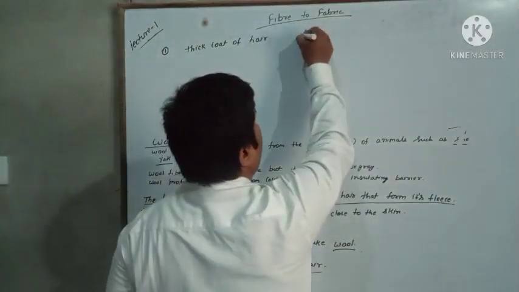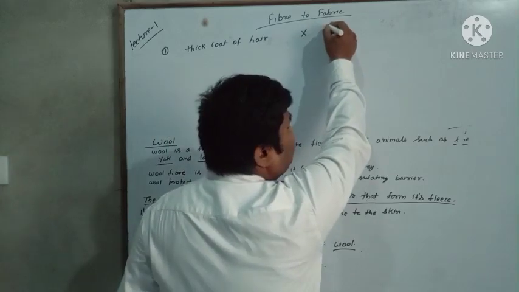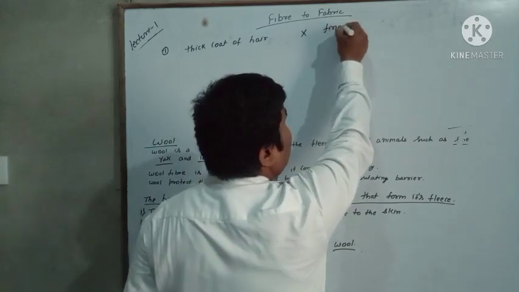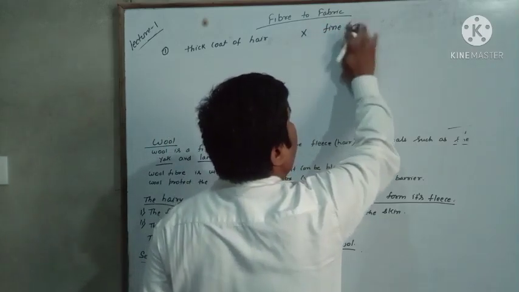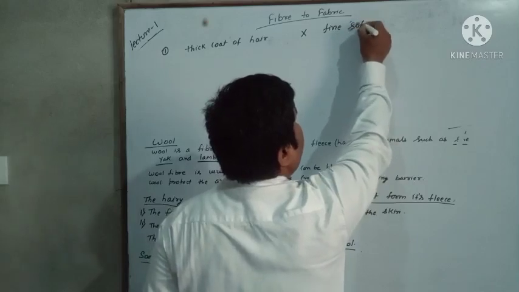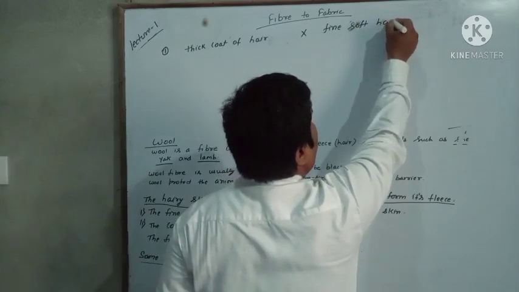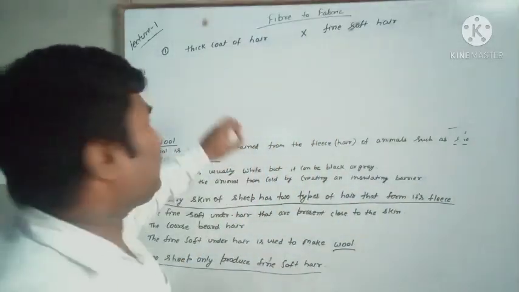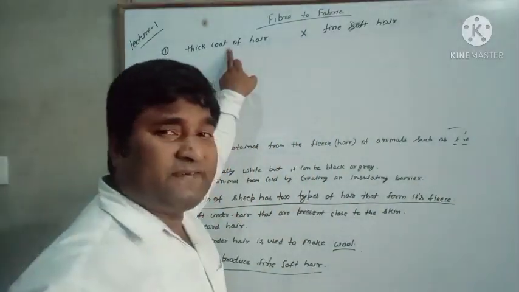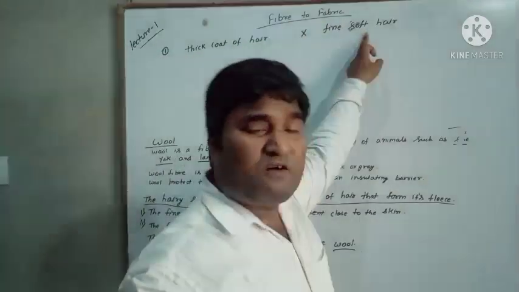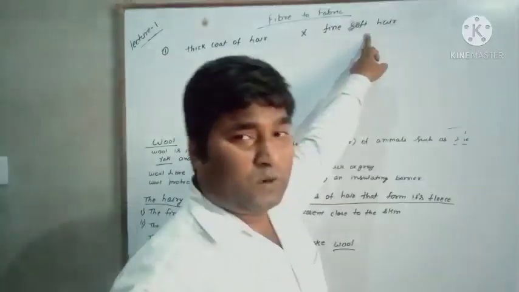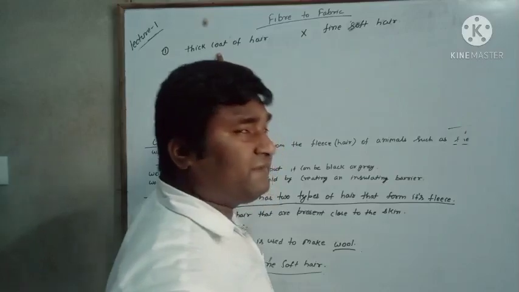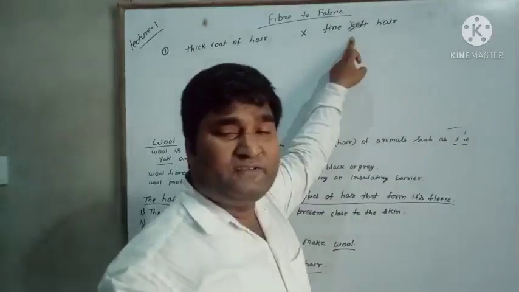So one more is there which produces fine soft hair. So what I have taken is a male of this variety and a female of this variety, or a female of this variety and a male of this variety.